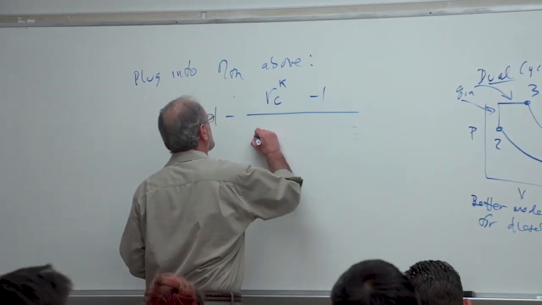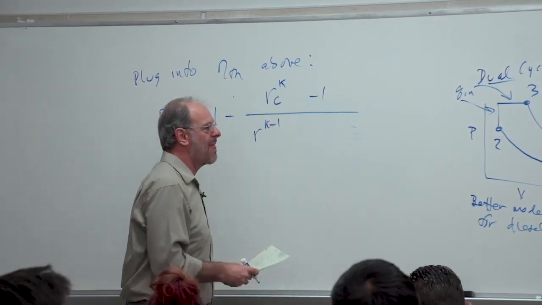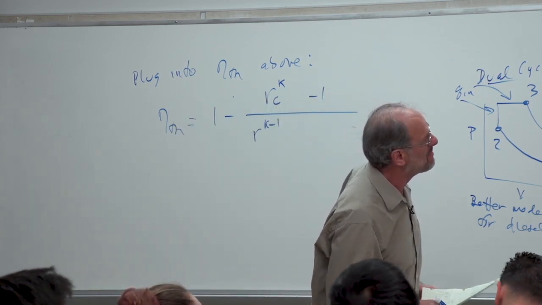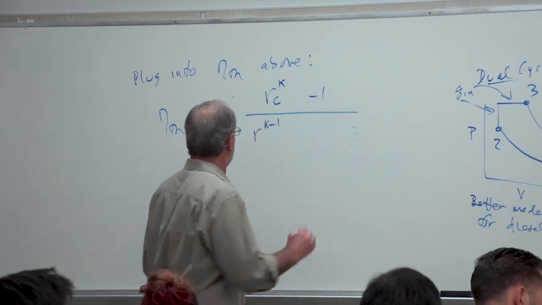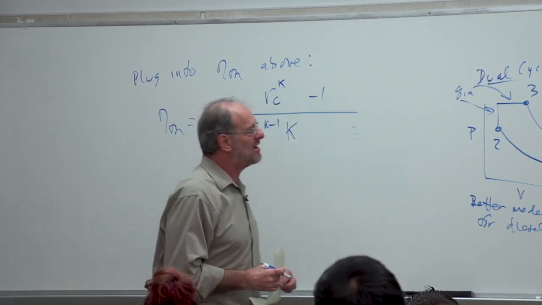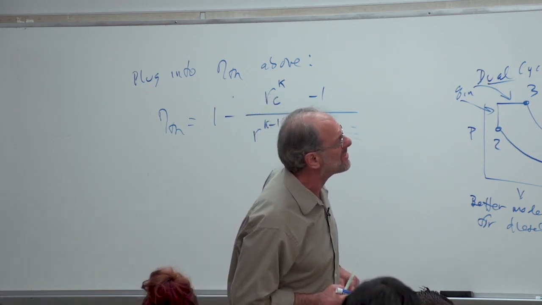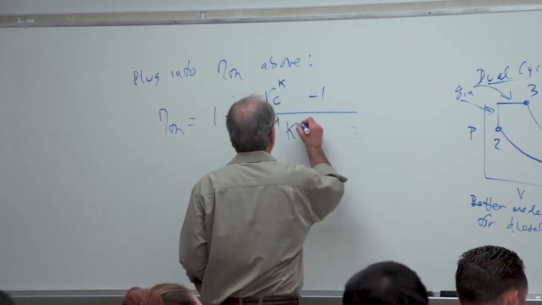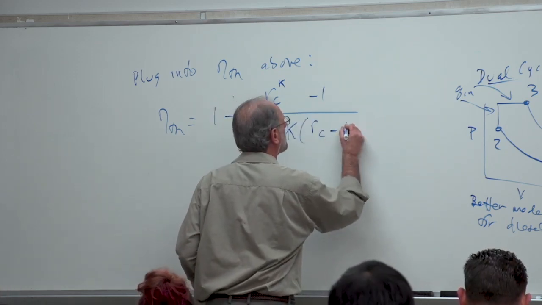So that's just the compression ratio to the k minus 1. And then we have the Cp over Cv term, which is just our ratio of specific heats, k. And then we have our T3 over T2 term, and that's just the cutoff ratio again by definition. So our cutoff minus 1.